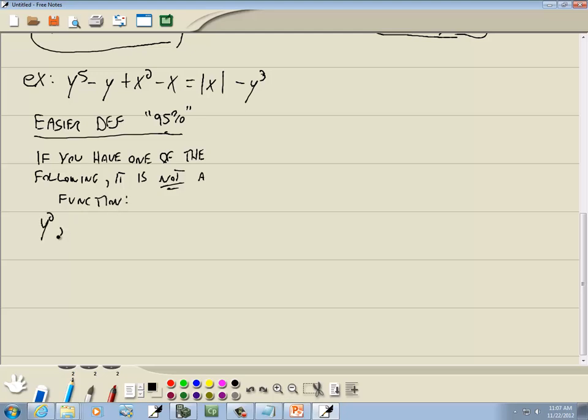If you have y squared, y to the fourth, or y to any even power, it's not a function.